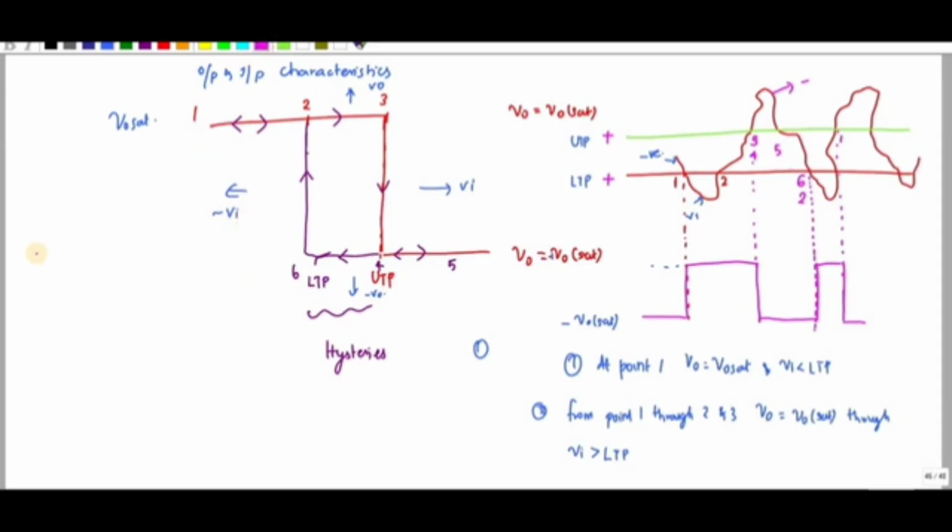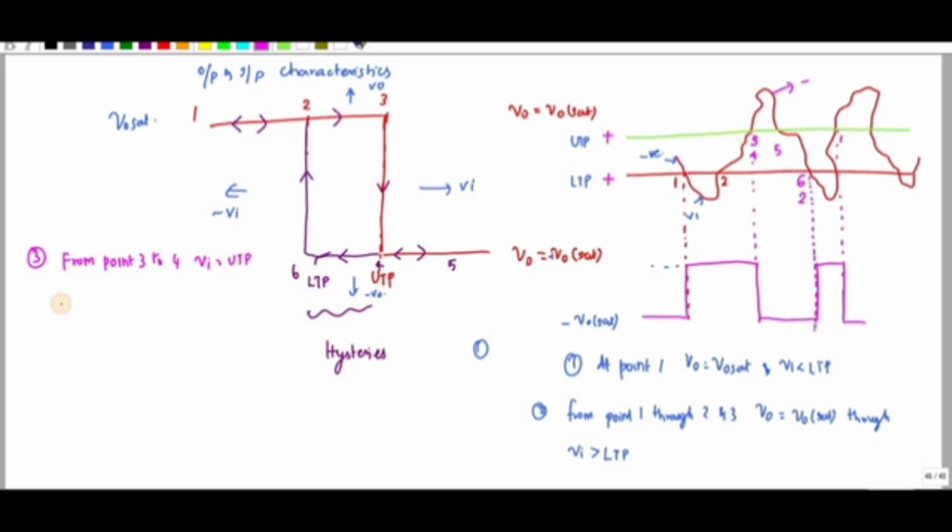Next, the third point: from point 3 to 4. At this point the VA value is equal to UTP.